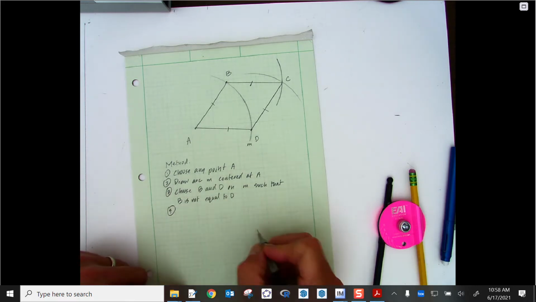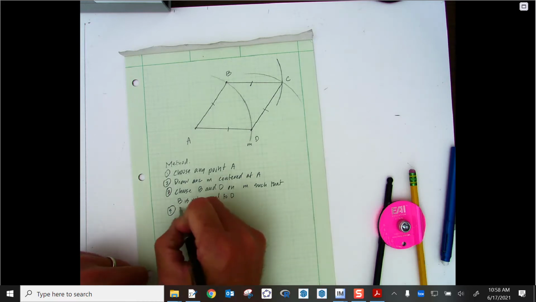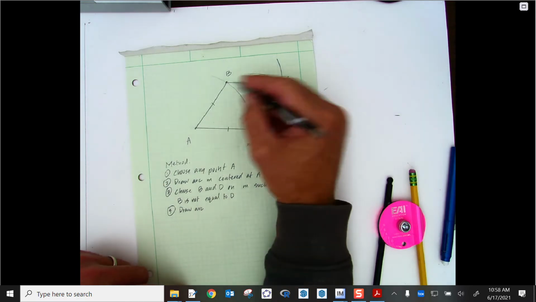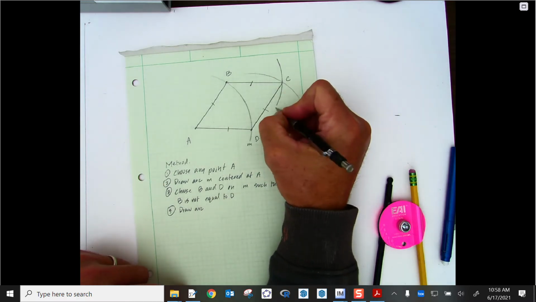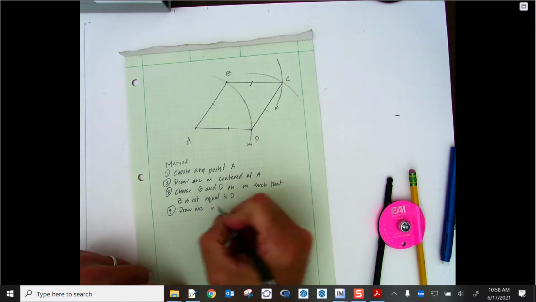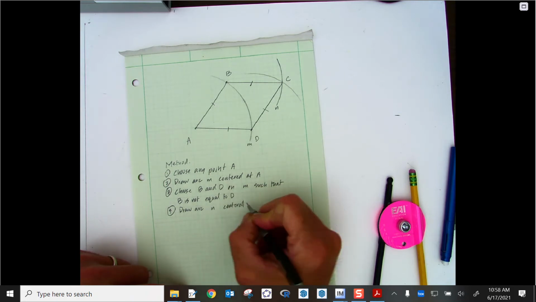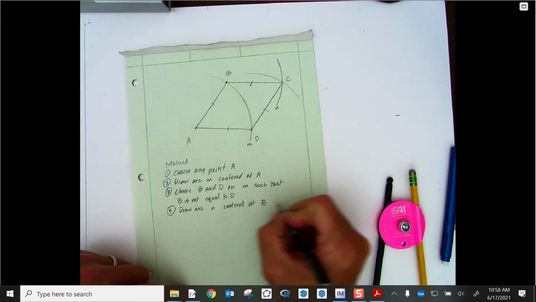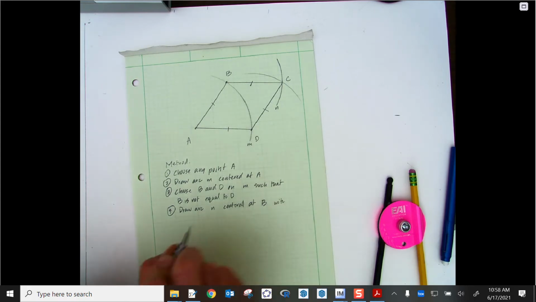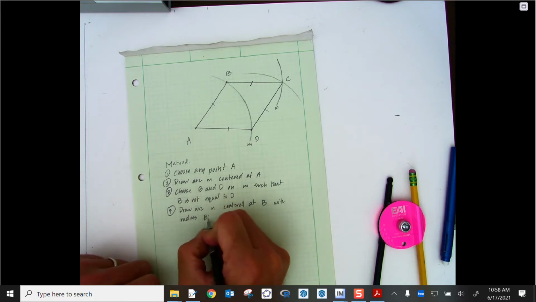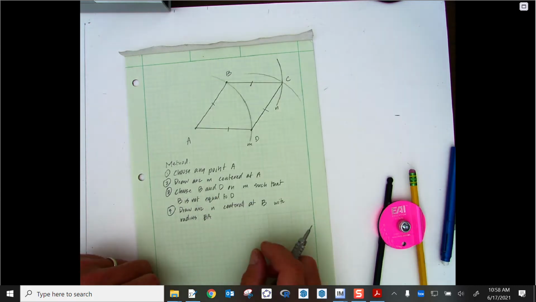Let's see, so then what did I do? I drew an arc. The first one I did was centered at B, so I'll call this one N. Draw arc N centered at B with radius BA, right? It was the same as that.